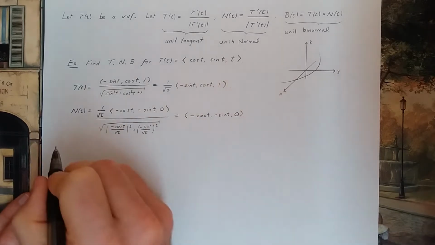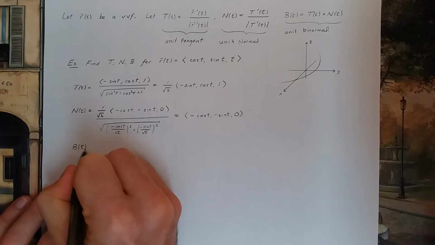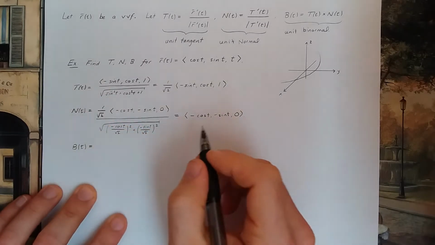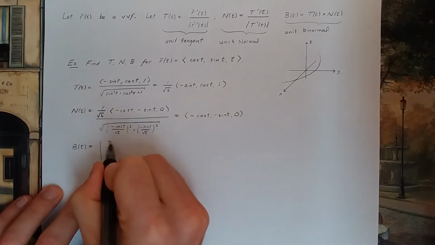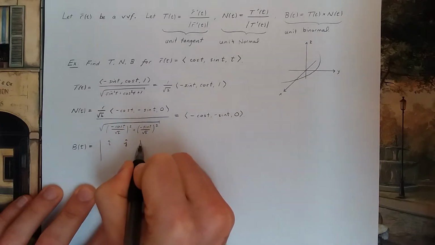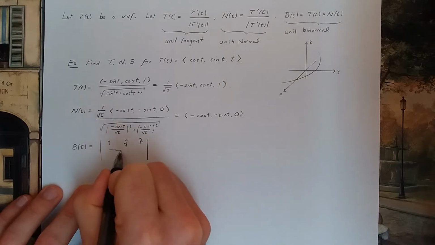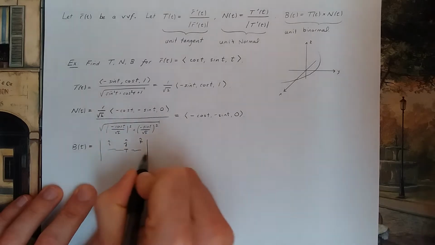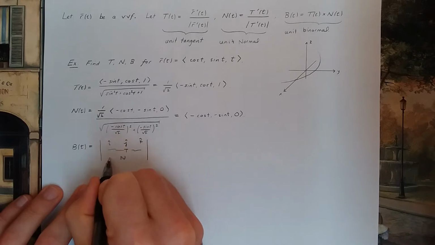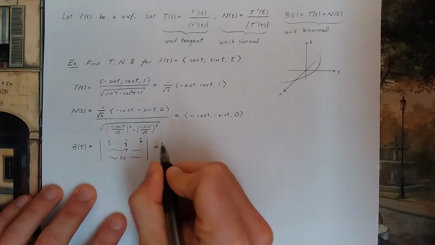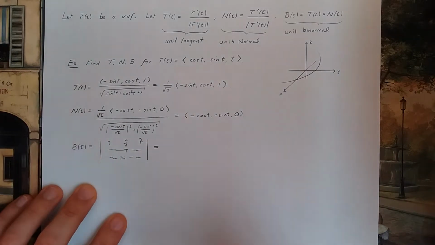And then lastly, the unit binormal vector B is T cross N. So you do the cross product calculation, i, j, k. You put the vector T in the middle row, and in the bottom row, you put N. Then you calculate the cross product.